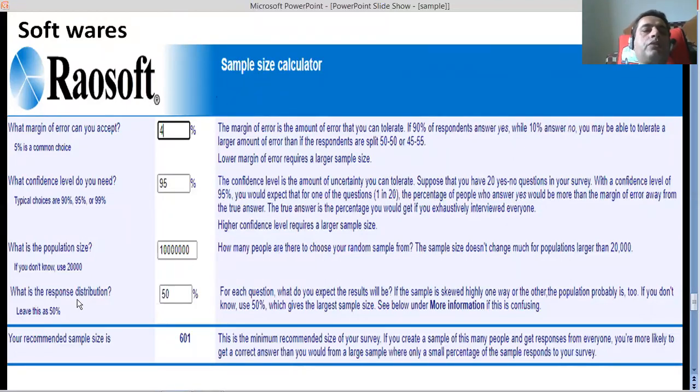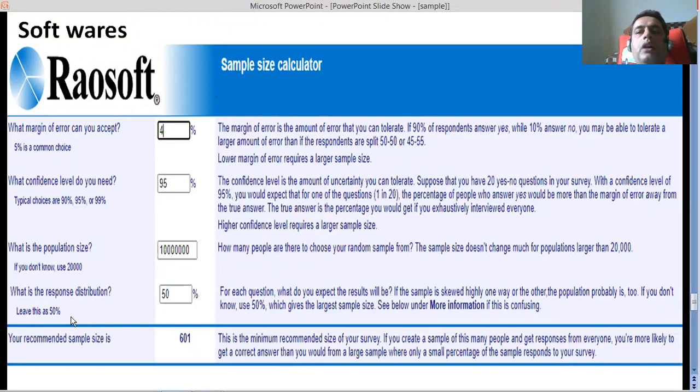What is the response distribution? Leave this as 50%, just like the population proportion. Most of the software tells you to keep it at 50%.